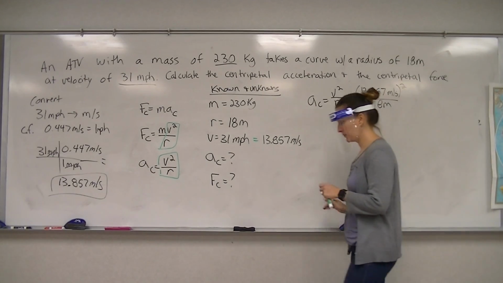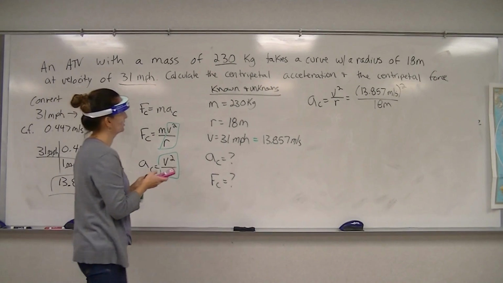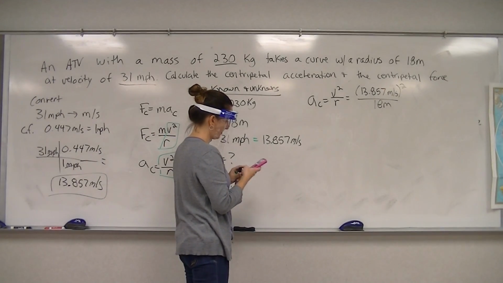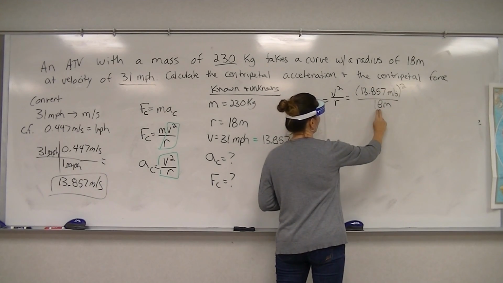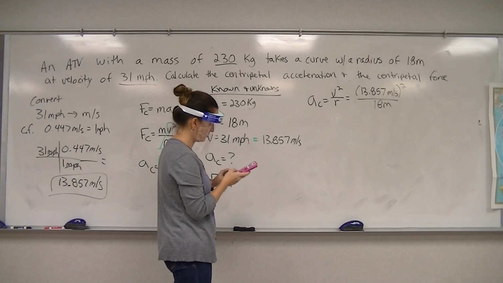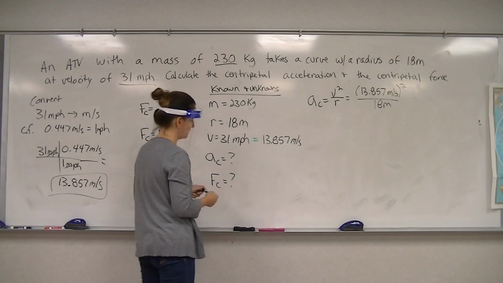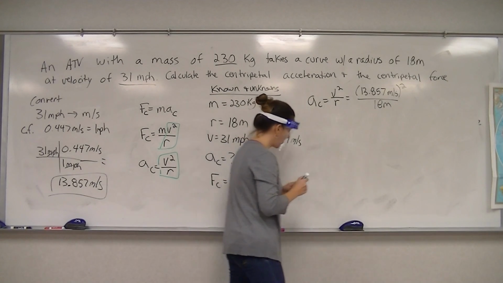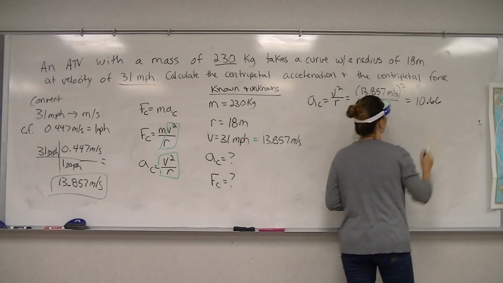So now is when I'm going to want to worry about significant figures. So I look at the numbers that I used. This top number has a lot, so we're looking at the bottom number, the radius. The radius only has 2 significant figures, so my answer should be in 2 significant figures. So when I calculate it out, I get 10.66 and a whole bunch of other numbers.